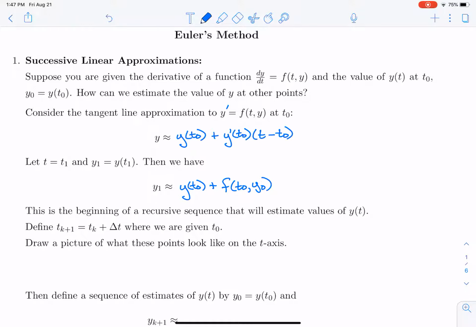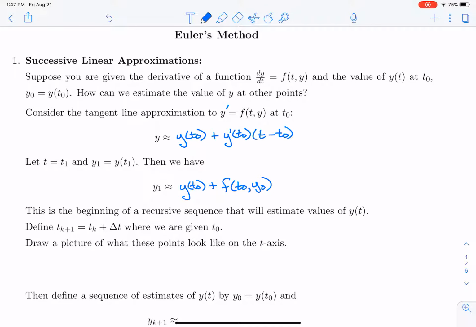So this is evaluating the derivative at that initial point. And then I'll multiply that by t1 minus t0, which is the distance in time from the initial point t0 to the point I want to approximate at t1. And so this is going to be my first approximation to the solution of the differential equation at t1.